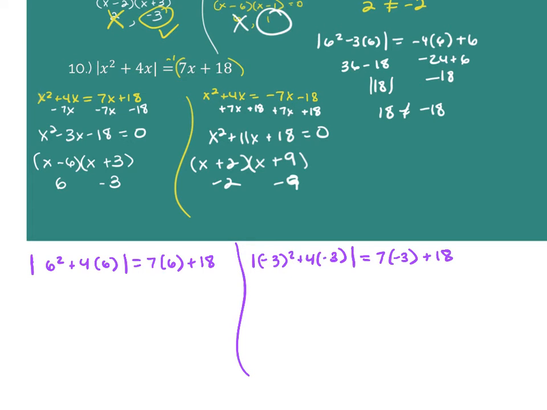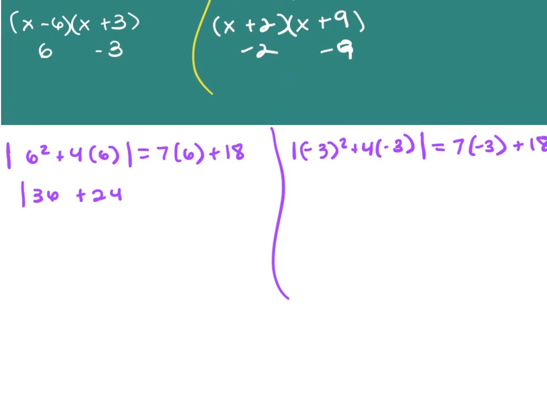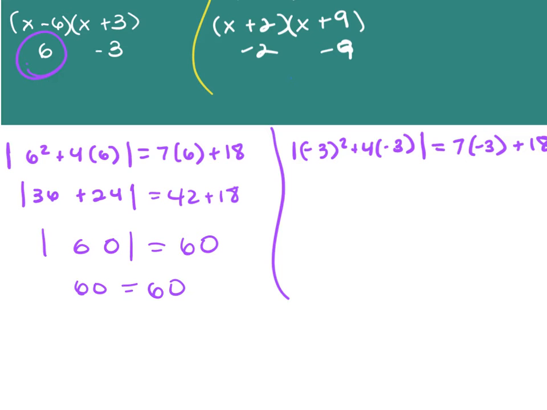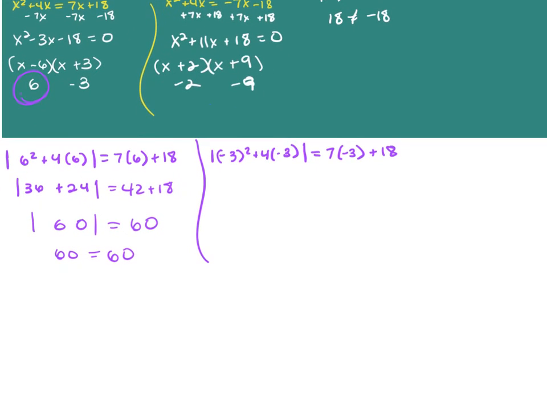Let's start here. 36 plus 24, oops, absolute value. 42 plus 18, absolute value. And 60 equals 60. So that one works. Go to the next one. Absolute value of 9 minus 12, negative 21 plus 18. This gives me a negative 3. No absolute value is going to give me a negative 3. So I rule that one out.